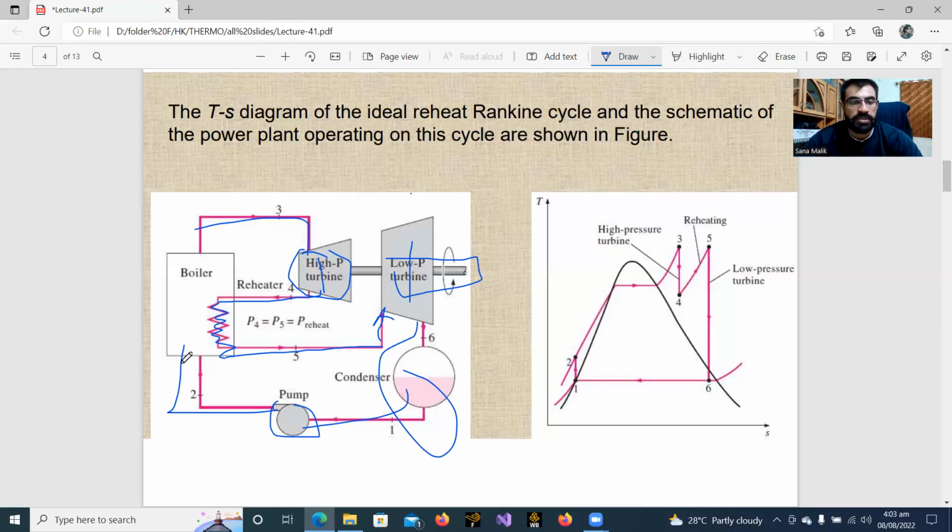As you can see, we try to reheat the steam back to the temperature at the inlet of the turbine. So the temperature at outlet T5, we try to bring back to T3, which was the inlet of the high pressure turbine.